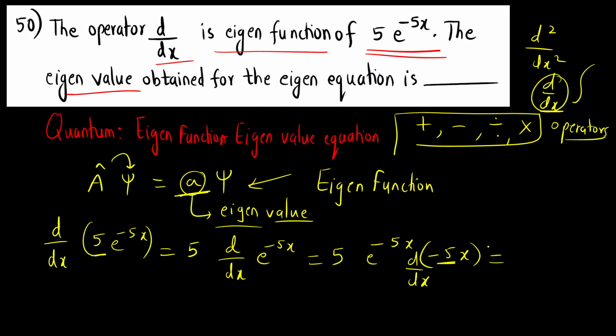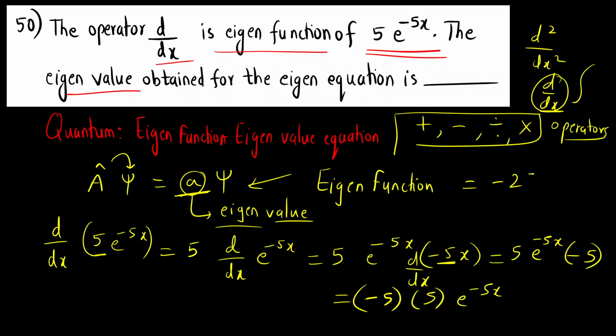Minus 5 is a constant, so 5e^(-5x) times d/dx of x, which is 1. And there is the minus 5 as well. So this is the final answer: -5 into 5 into e^(-5x), which is -25e^(-5x).